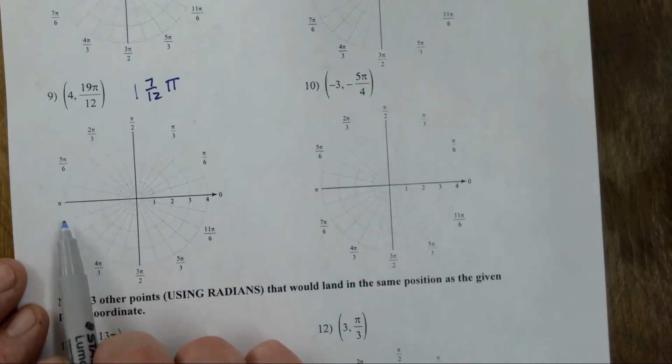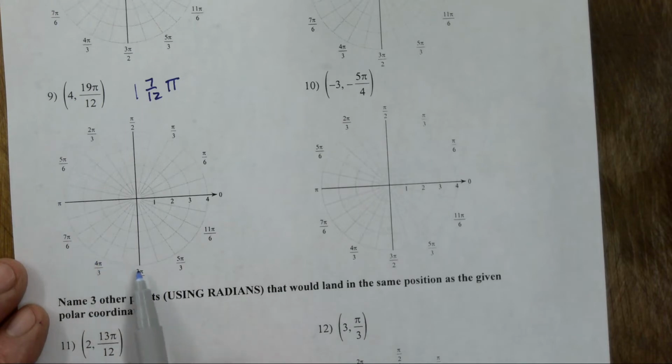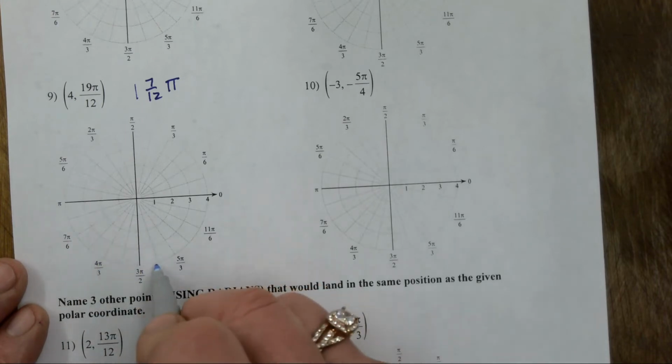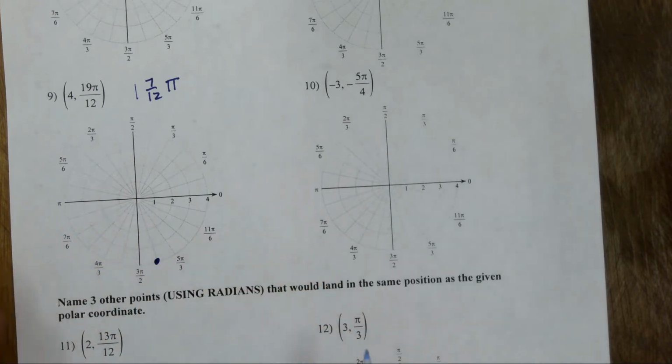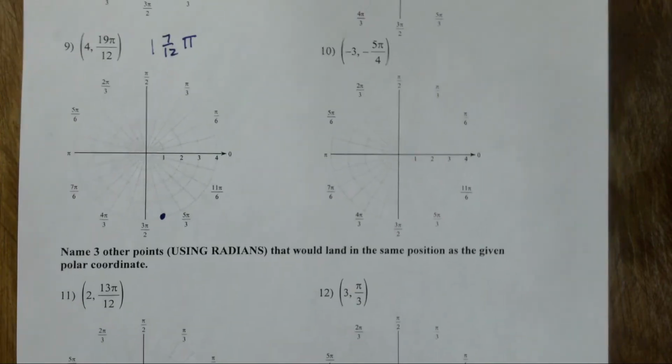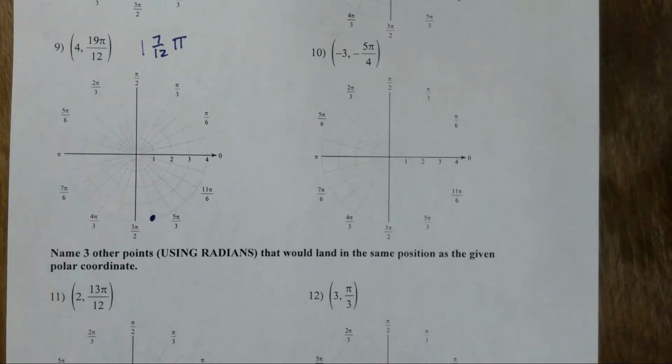So this is 1, 2, 3, 4, 5, 6/12, 7/12 more. There's my point. If the grid is less clear in its breakdown, just do your best to approximate it.